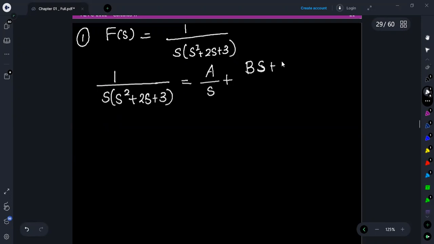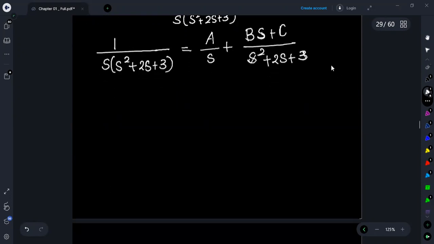Bs plus c over s squared plus 2s plus 3. So once we have simplified this expression and found the constant coefficients, we can obtain a equals 1/3, b equals minus 1/3, and c equals minus 2/3.